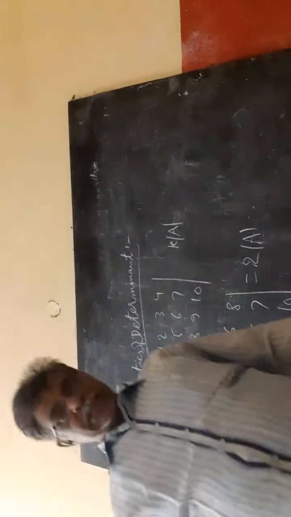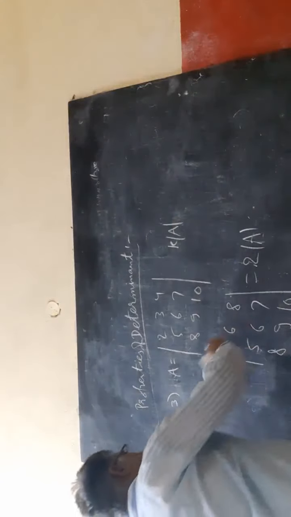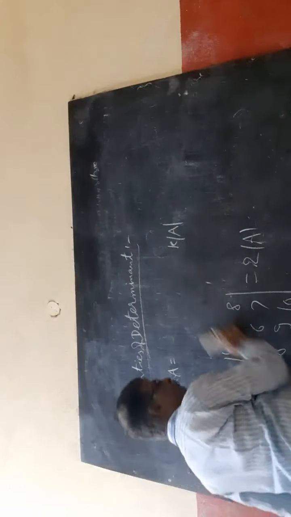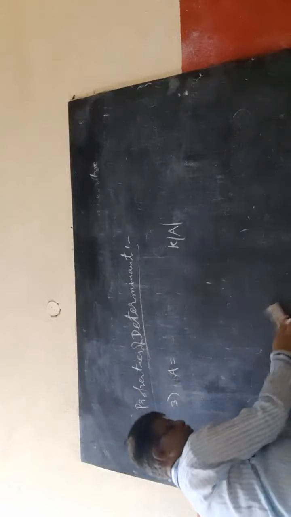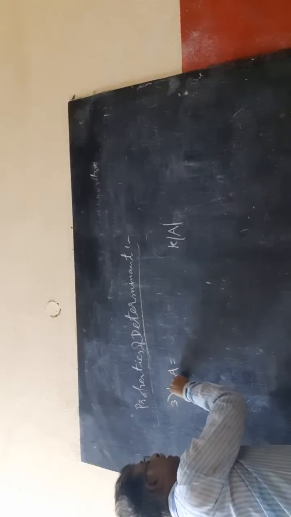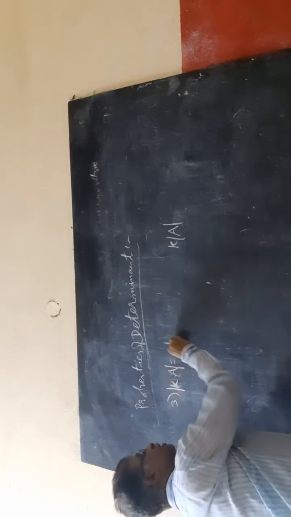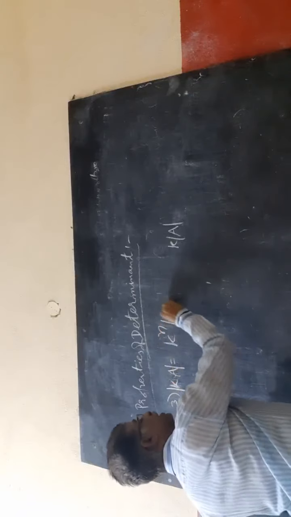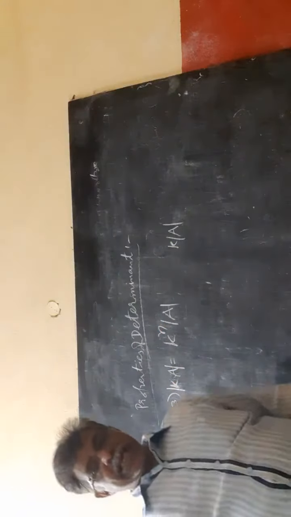Conversely, if the whole matrix is multiplied by k, then the determinant of kA is k to the power n times the determinant of A, where n is the order of the matrix.